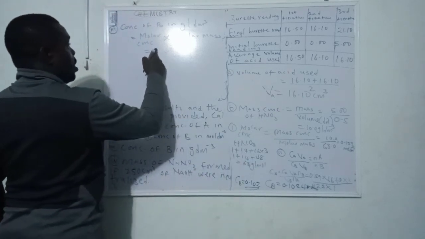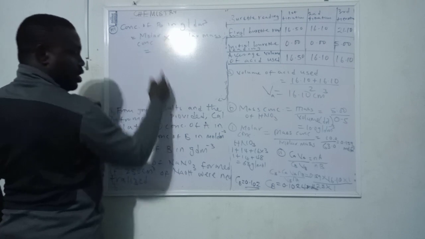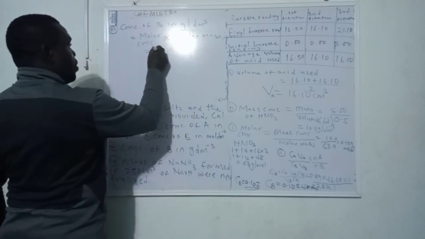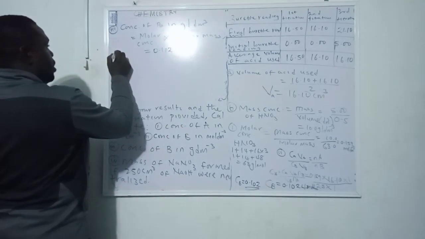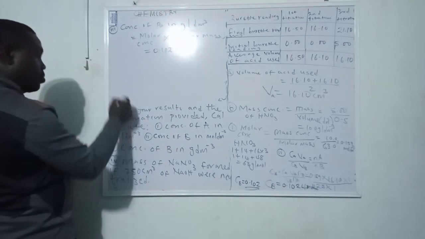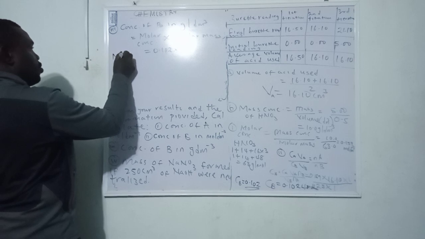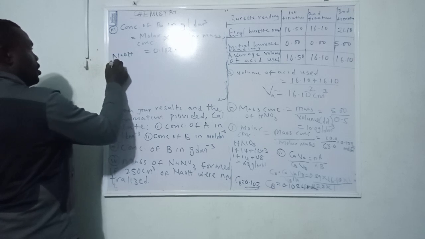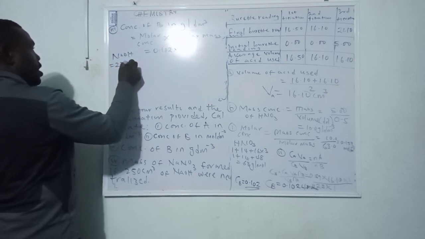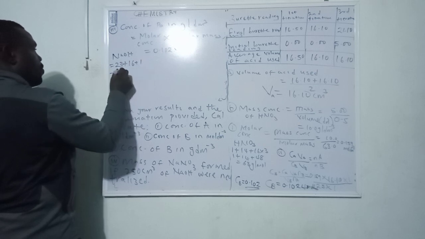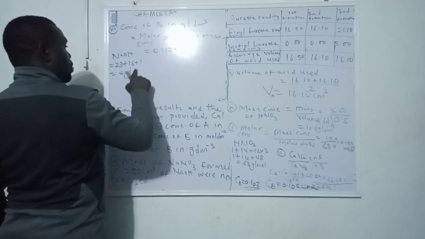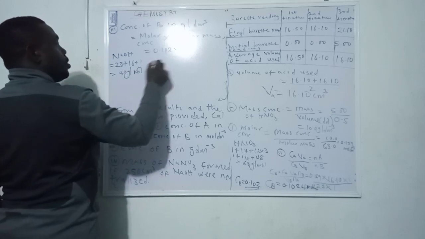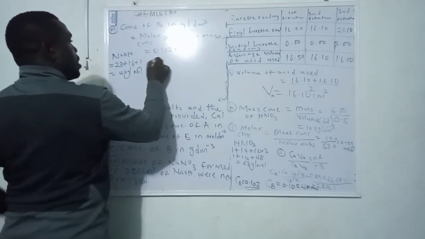Okay, so here we have molar concentration of B. We just solved it now, and we arrived at 0.102. The molar mass of B, which is sodium hydroxide, that's not new to us anymore. That's 23 plus 16 plus 1, that's 40 gram per mole. So we have 40.